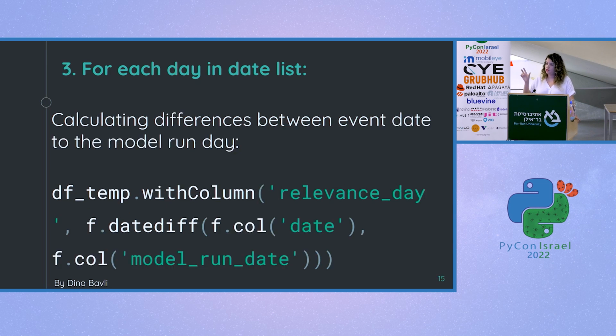After we have each event of the history and the model run date, we want to understand the distance of this event from the model run date, in order to understand how we can aggregate it according to that distance.